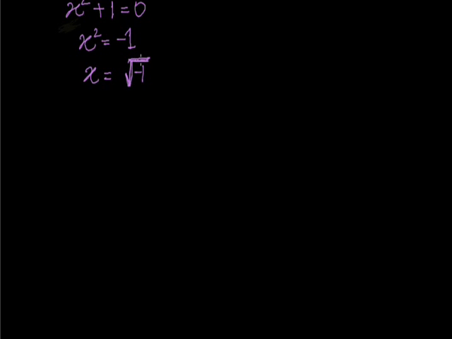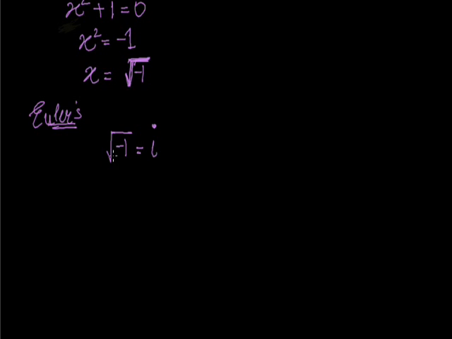So how can we solve this? Euler gave the value of under root minus 1. He said that under root minus 1 is equal to iota.